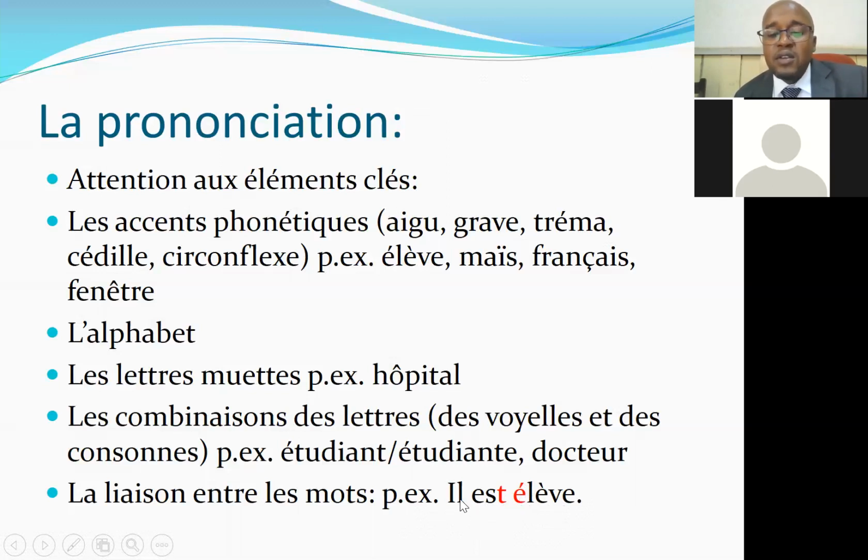So now when you are pronouncing, you will not say il est élève separately. You'll be saying il est élève, joining the sounds. Why? Because you'll be joining the T with the E at the beginning of élève. So that is what we are calling liaison.